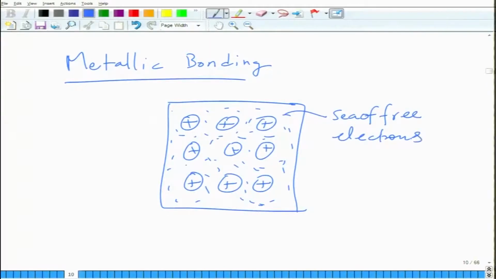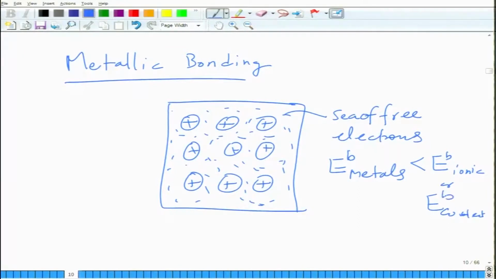And because this is a sea of free electrons, there is no as such ionic or covalent kind of bonding. The bond energy, let us say I write it as EB, okay. Bond energy of metals is lower than typically EB of ionic or covalent.